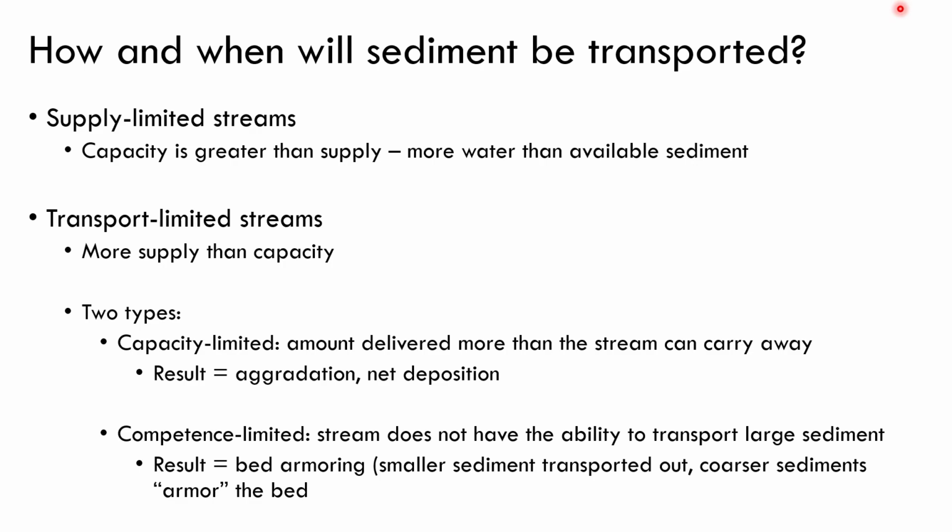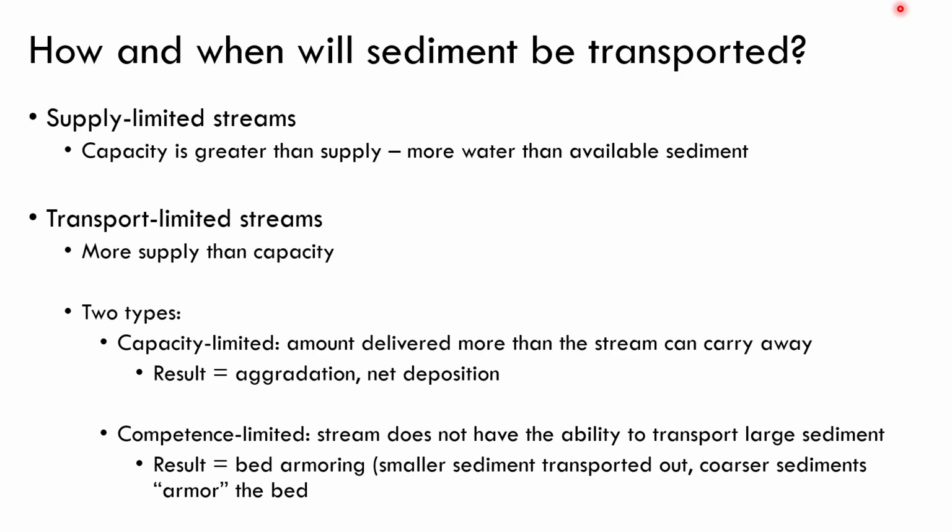Streams may not have the ability to transport large sediment away. This happens a lot in mountain streams where large pieces of sediment come into the river. Large cobbles or boulders get stuck in a river because maybe it's a small mountain stream and there's no real way to move that without a huge, gigantic flood.